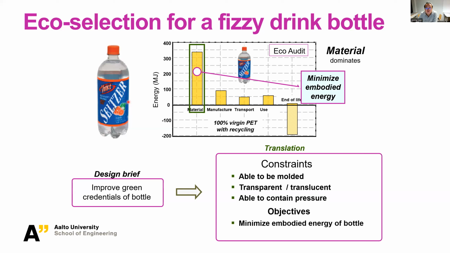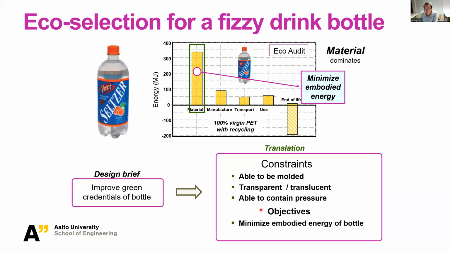So the constraints for such a bottle design are basically that it should be able to be molded and it's transparent or translucent. You want to see what is inside, what is the color, if it's just water or cola. And on top of that, it should be able to contain pressure, because we want to have the water with gas.